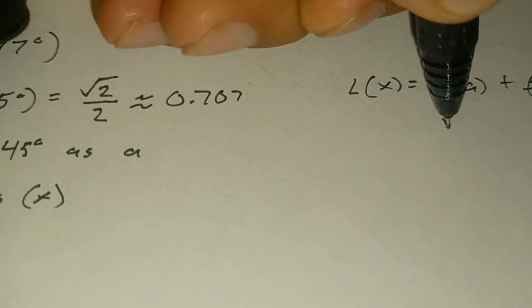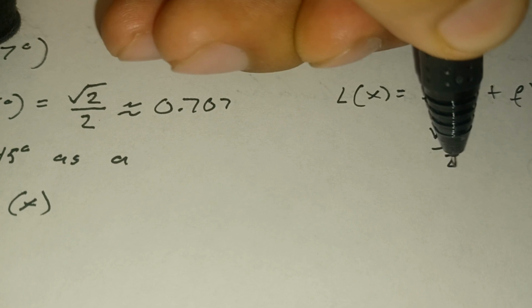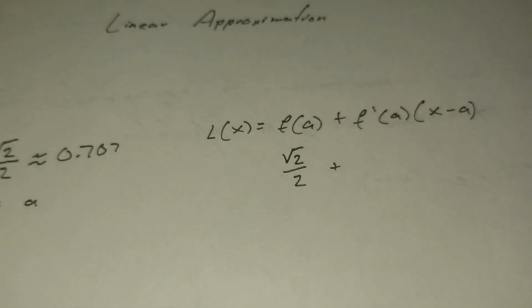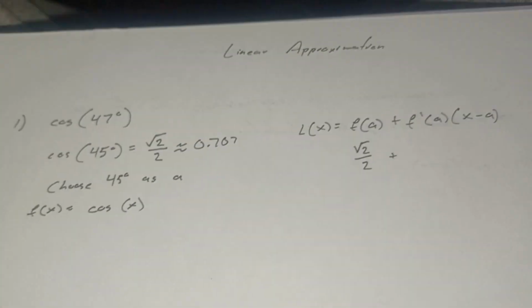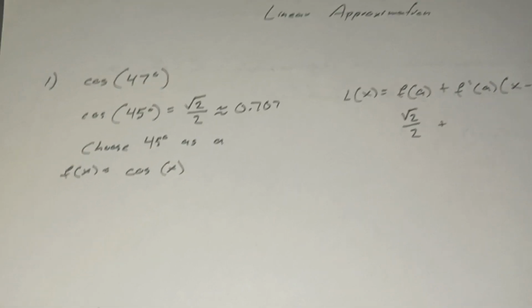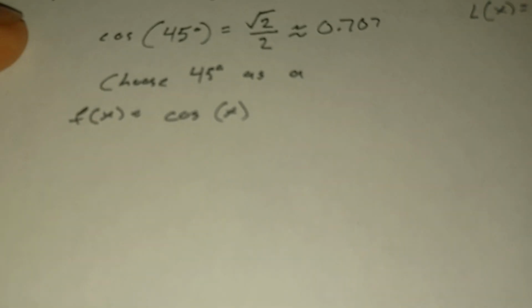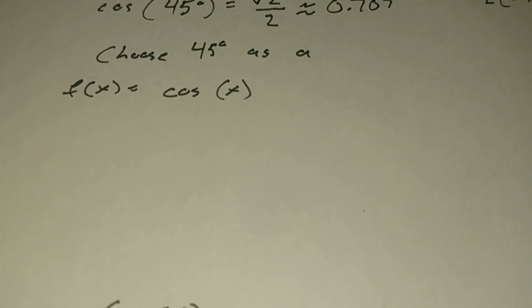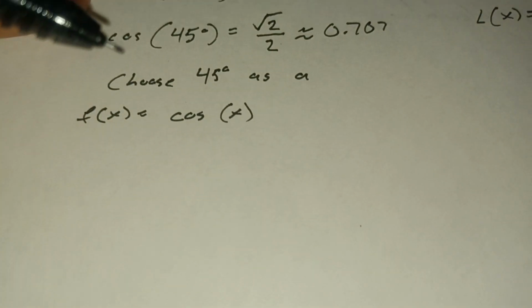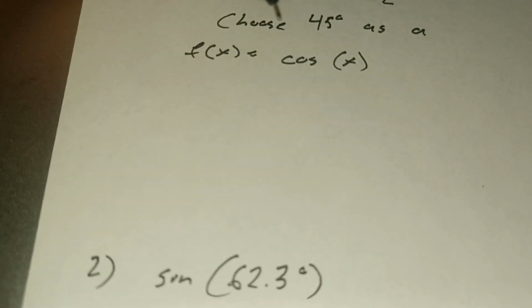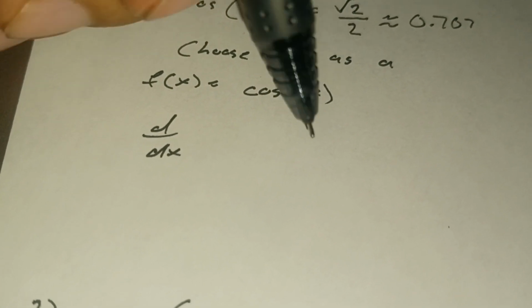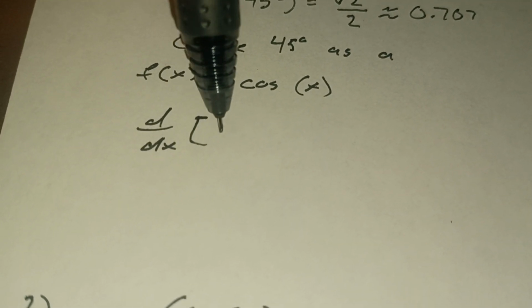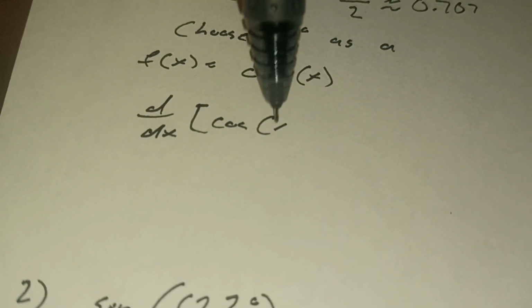So this will be the square root of 2 over 2 plus f prime of a. And that prime means that we need to find its derivative. So we need to find the derivative of our function, which is cosine of x. So let's differentiate this, d/dx of cosine x.